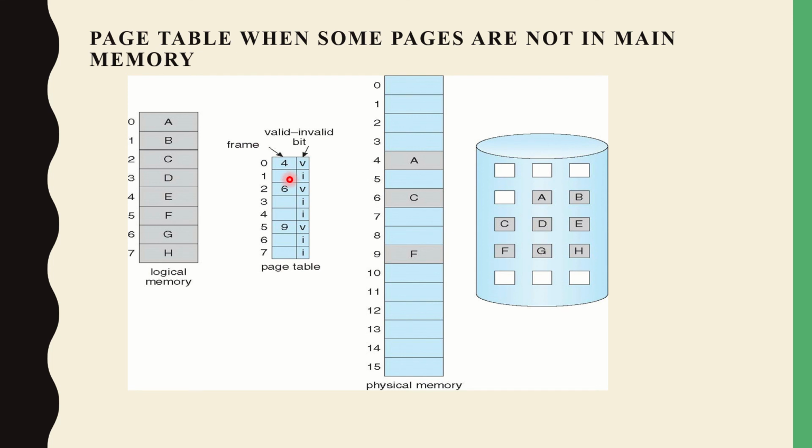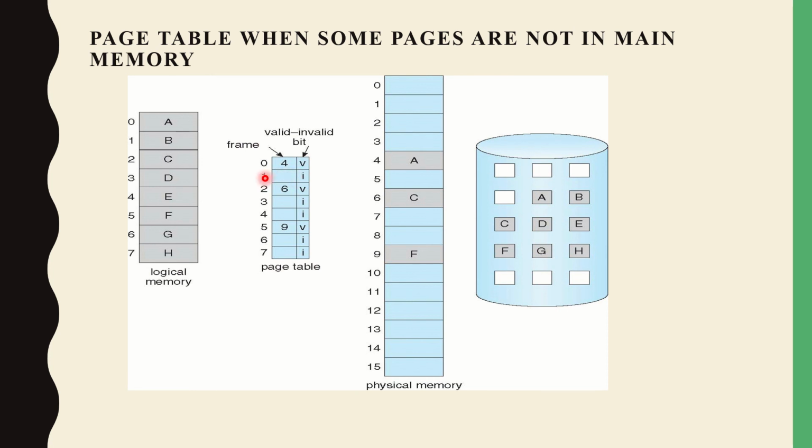Next is the first page. The first page is empty, meaning the first page's content, value B, is not at all there in your main memory. Previously the 0th page value A was in the 4th frame, so we denoted it with valid bit V. Now the first page is empty.